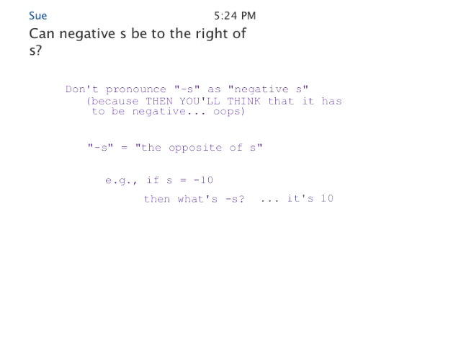It's 10. Hey, cool. So then you would certainly have on a number line: negative 10, 0, 10. So here you have your s, and here you have your opposite of s. And so that's how it works.